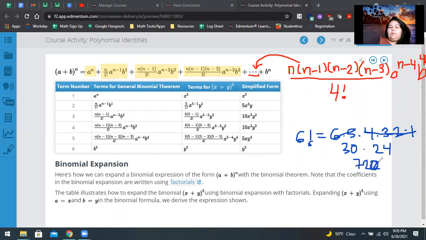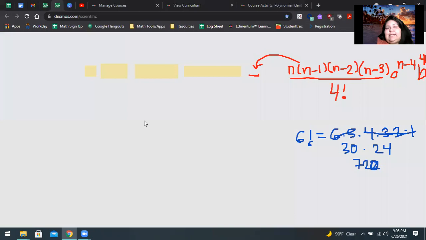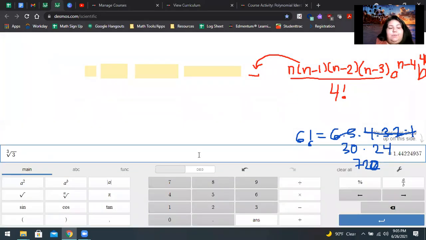Oops, 720. Now, if you're uncomfortable with factorials, you can go back to using the scientific calculator through Desmos. Again, it's desmos.com/scientific, or if you go into Google and type in Desmos Scientific Calculator, it is one of the user-friendly ones. Just to confirm that I did 6 factorial correctly, I'm going to type in my 6.